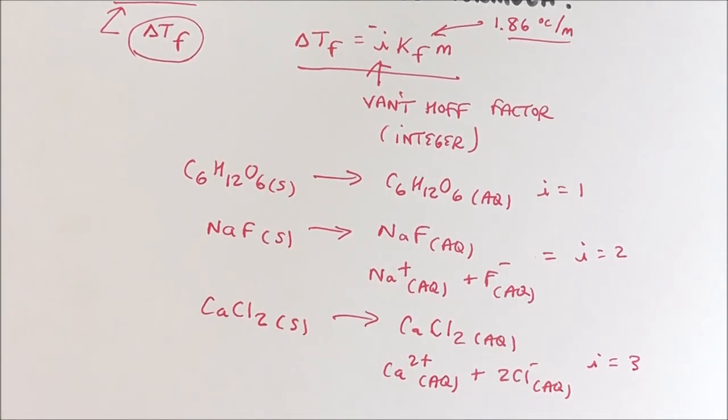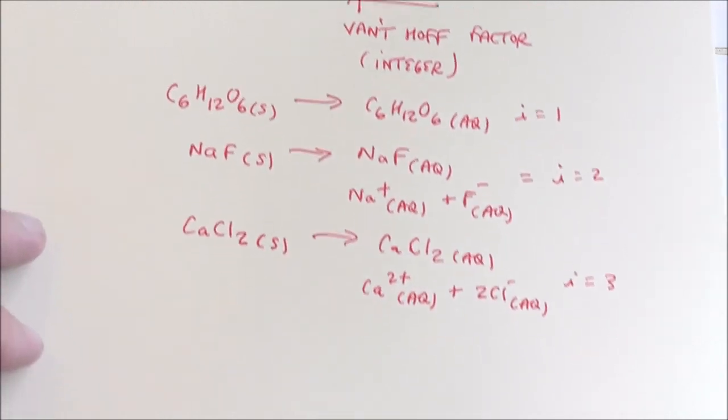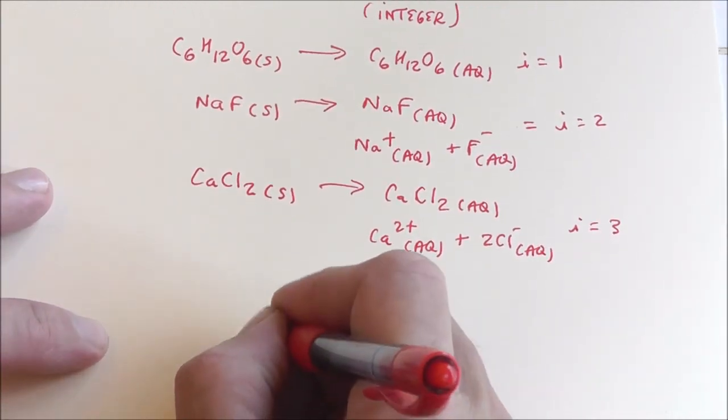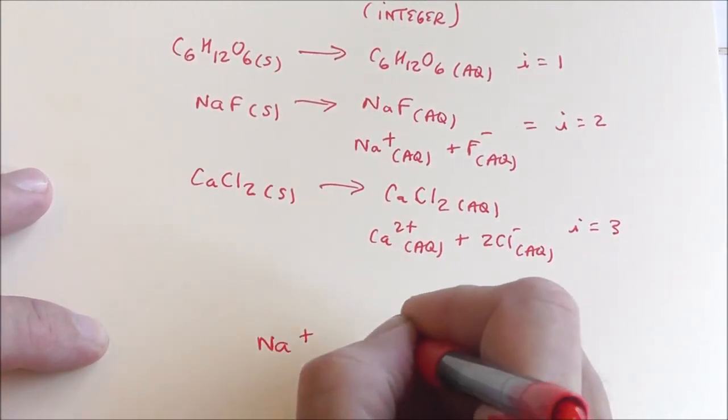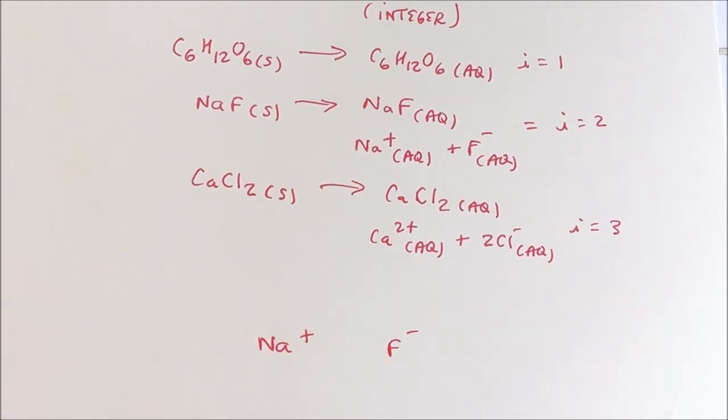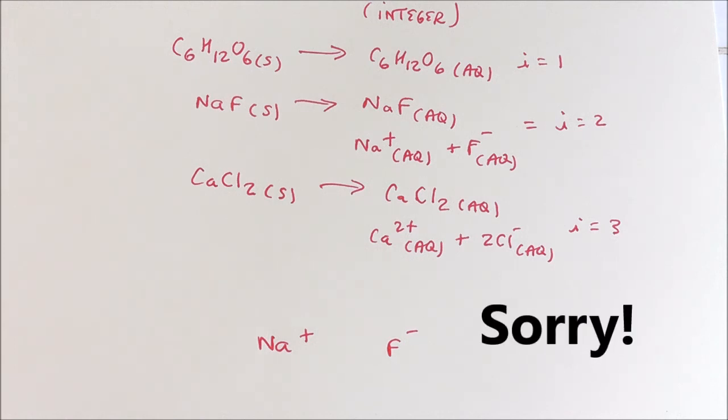Now it gets even more spicy, because in a solution these things aren't perfectly not wanting to have anything to do with each other. It's one of those relationships where it's complicated. You're like, hey, are sodium and fluoride together or not? And it's kind of like, no, it's a little bit in between.